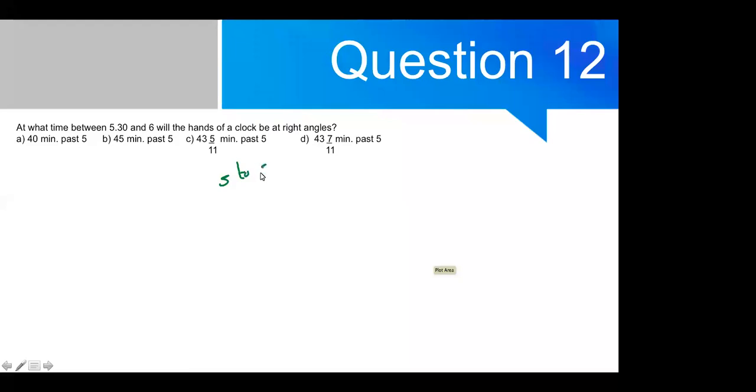See, whether it is 5 to 5:30 or 5:30 to 6, doesn't matter. We used to say the time as 5 o'clock only. Understand? Find the answer.